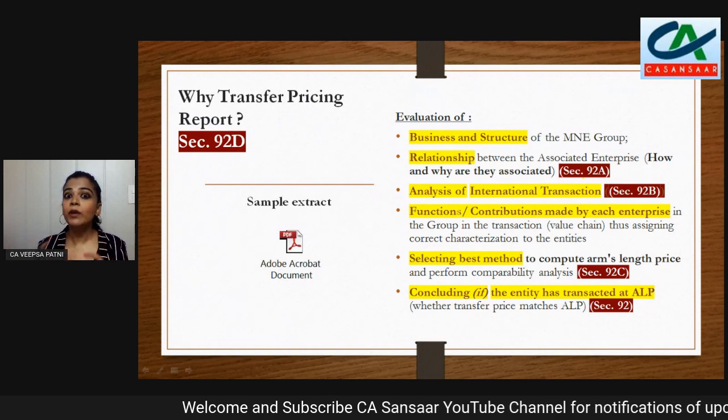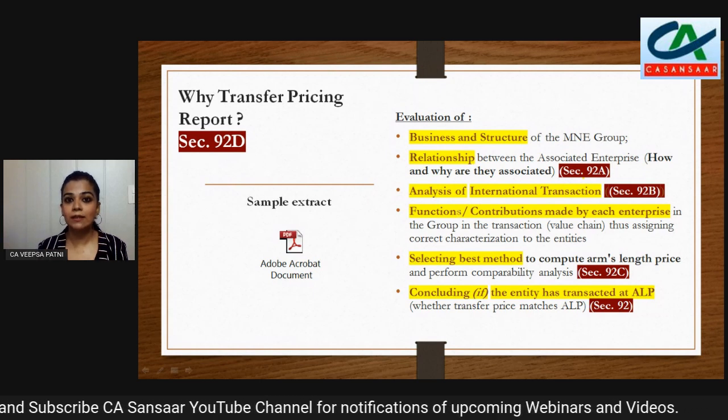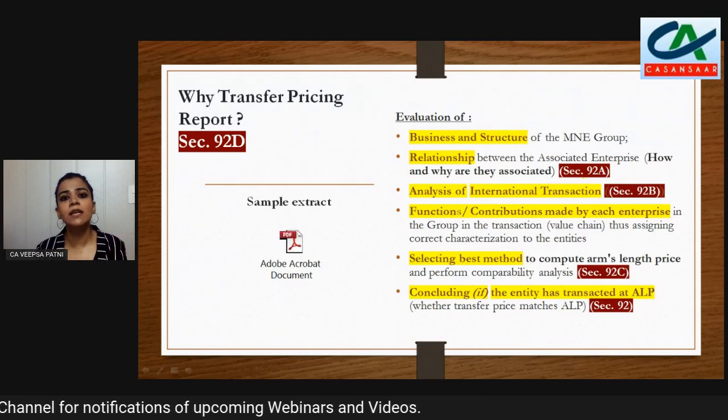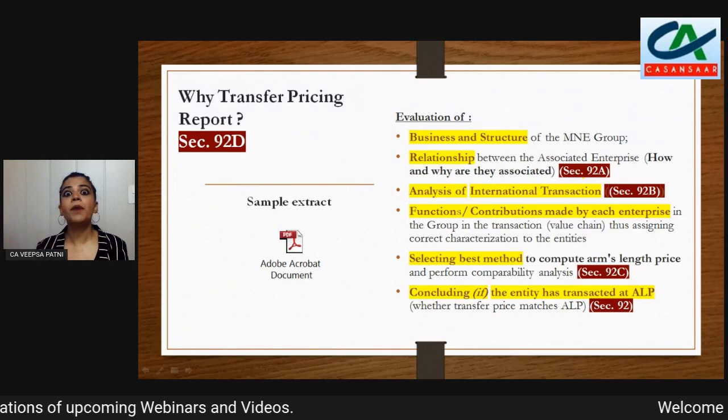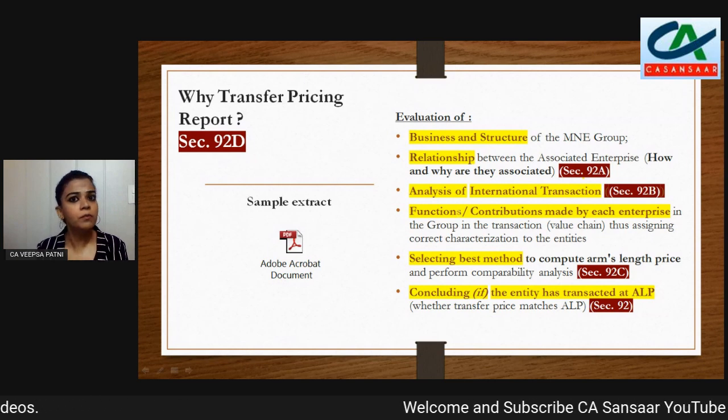We have to see which of these functions is the core function in the international transaction being undertaken. Is manufacturing a core function, or is selling into the Indian market a core function? Both are important.